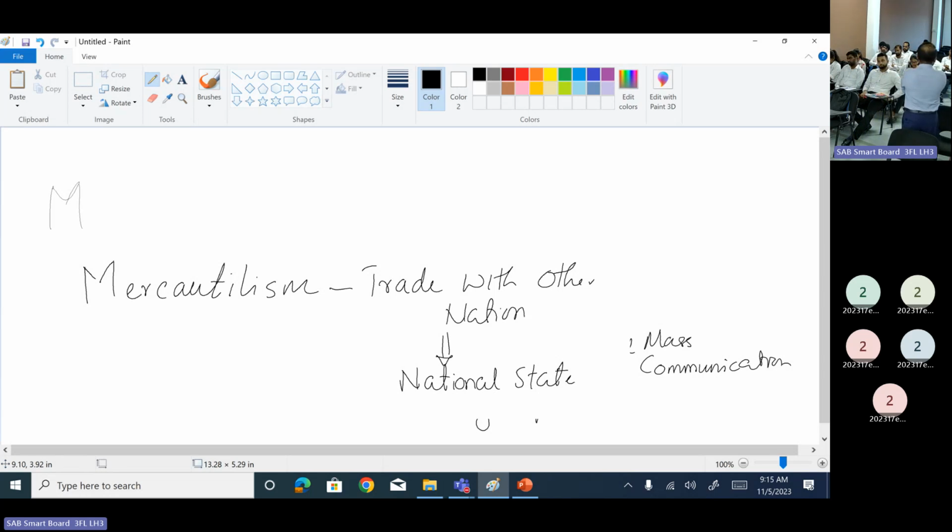Even though they highlighted international trade, that trade is different from what we talk about now. Now we are talking about free trade, but they talked about it under the idea of developing the national state, a powerful nation, and engaging in international trade.